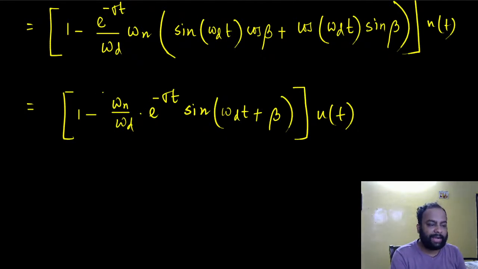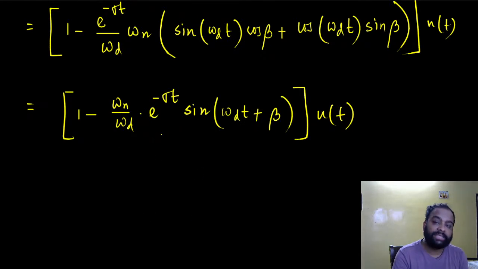Only thing is that we have a multiplication factor here, and then we have an exponentially decaying factor multiplied with it, which means that the response will no longer be purely oscillatory sinusoid, but instead, as time goes on, this factor will decay, right? For example, when t is equal to 0, this factor is 1, but when t becomes larger and larger, this factor becomes smaller and smaller, so the oscillatory component of the response becomes smaller and smaller.